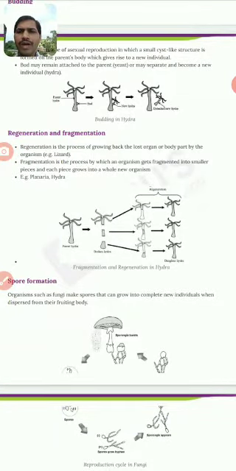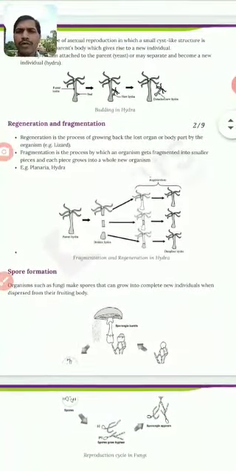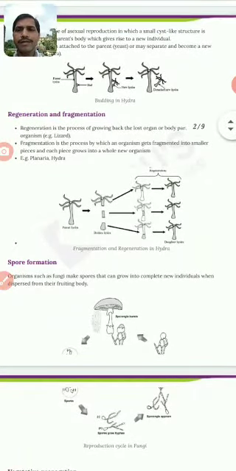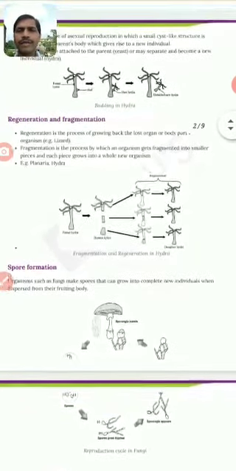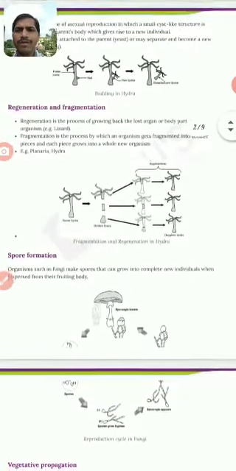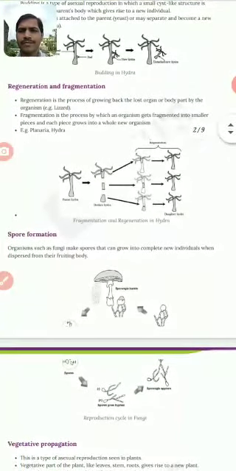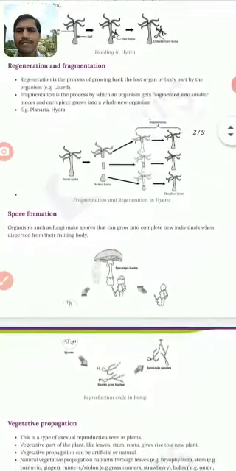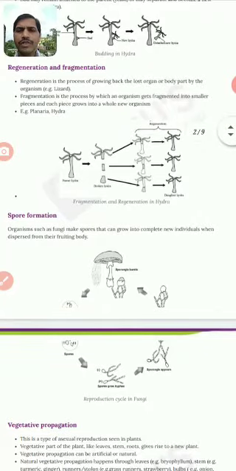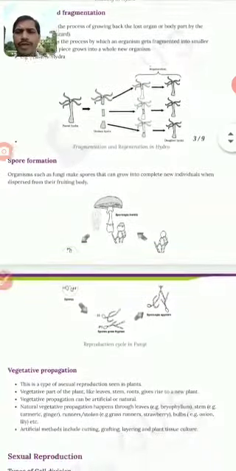Regeneration is a process of growing a lost organ or lost body part, as we can see in the example of lizard, because a lizard is capable of producing a new tail if it loses its tail during any incident. Below you can see a picture of fragmentation and regeneration in hydra.